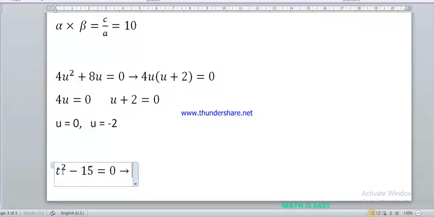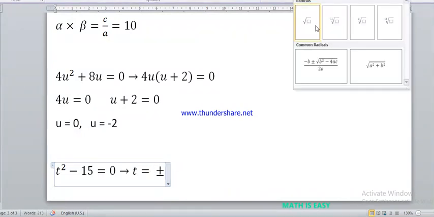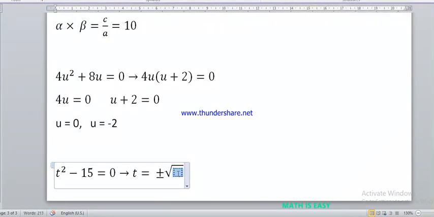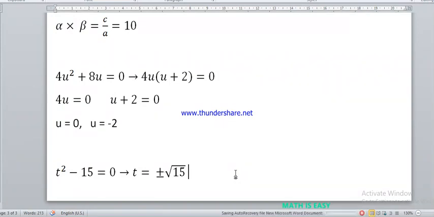In this case, t value is going to be t equals plus or minus root 15. Plus or minus means plus root 15 and minus root 15. So alpha value will be plus root 15 and beta value will be minus root 15. Okay, so then you can verify the relation between zeros and coefficients.